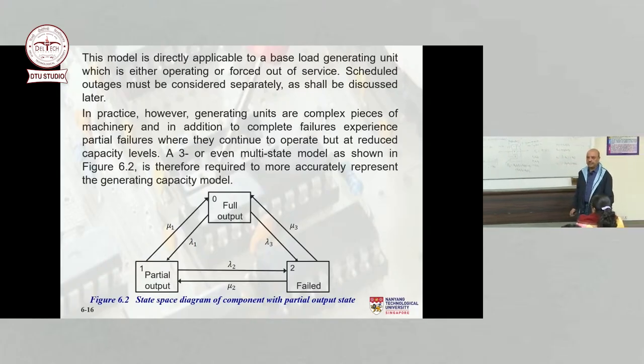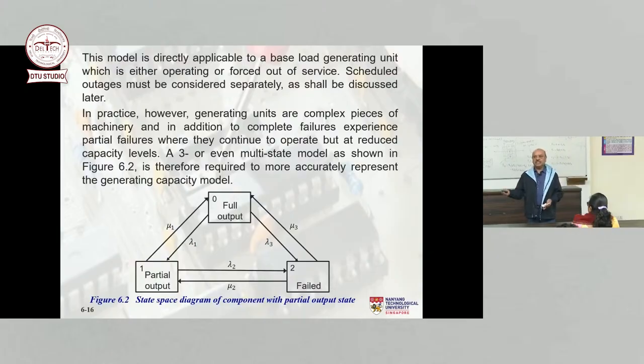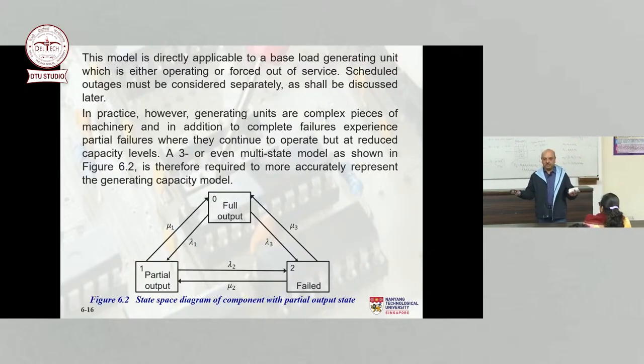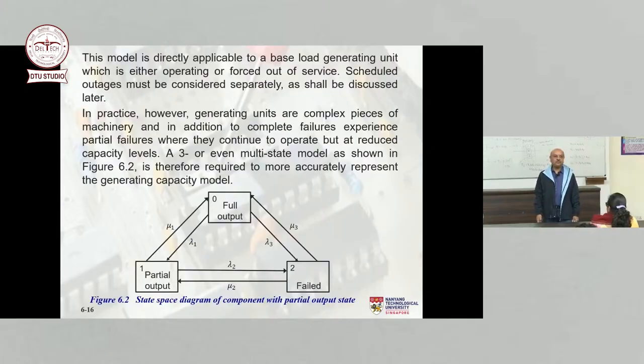Remember, the most important thing is very easy for us to appreciate this here. But do I know lambda? Do I know mu? Do I know this lambda 2, mu 2? Where are these numbers coming from? If we don't have enough confidence in the transition rates, we will never be able to arrive at the correct availability or unavailability of the generating unit or of the system.